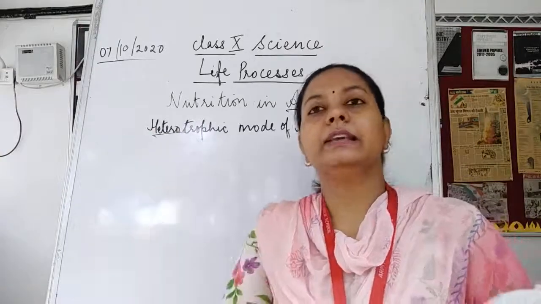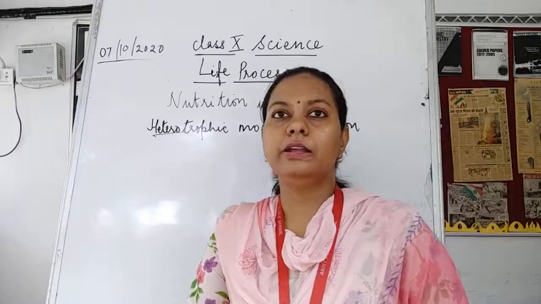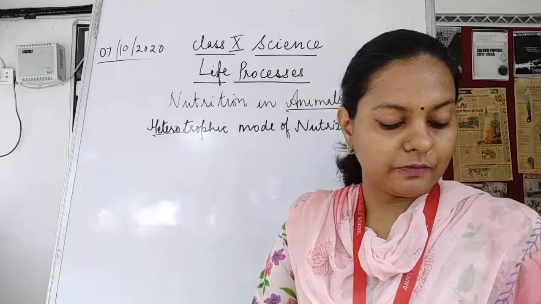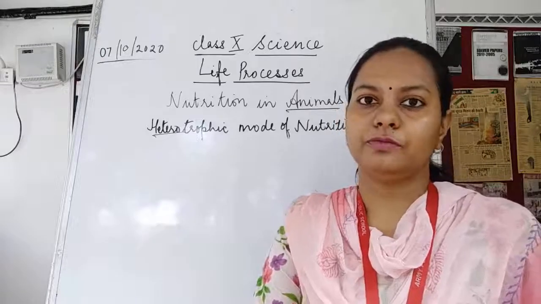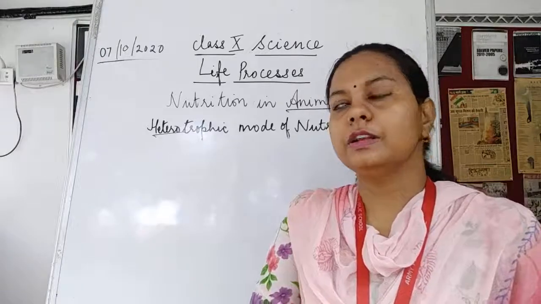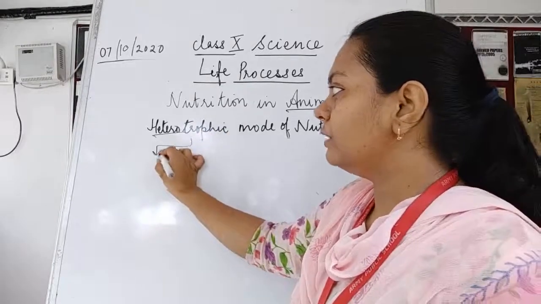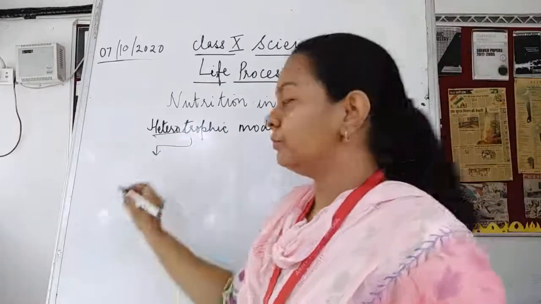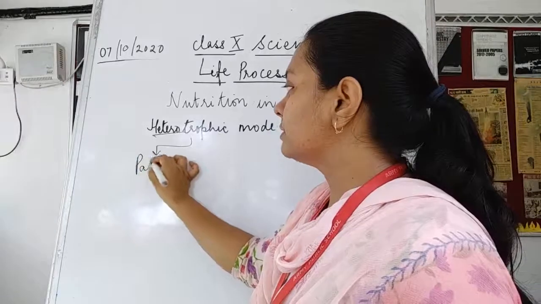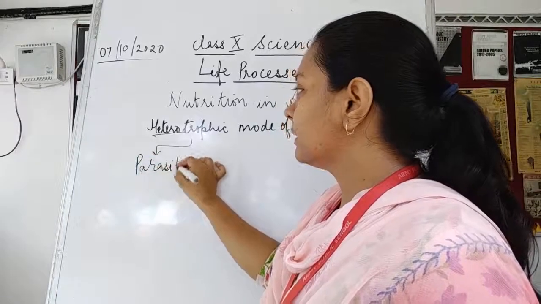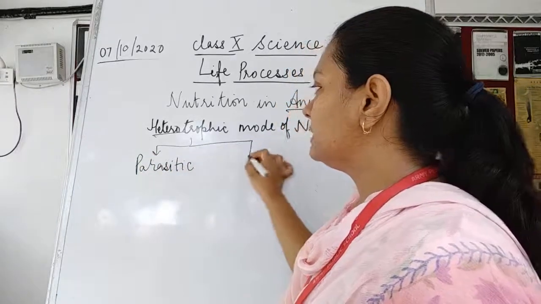Okay, but in the case of animals, there could be different ways by which they could obtain the food. How can they obtain the food, children? It's again very simple. In heterotrophic mode of nutrition we have studied the mode that is known as the parasitic mode of nutrition. So we have to study about the parasitic mode of nutrition.